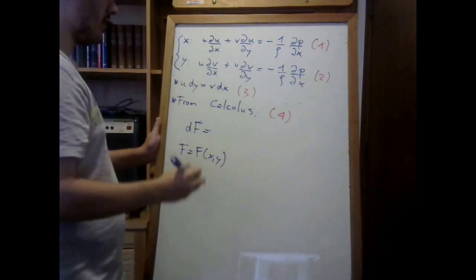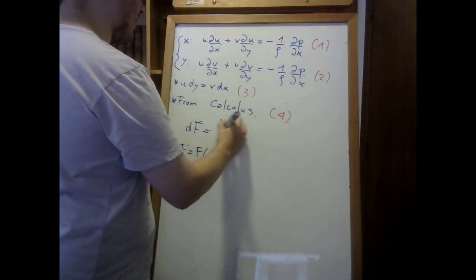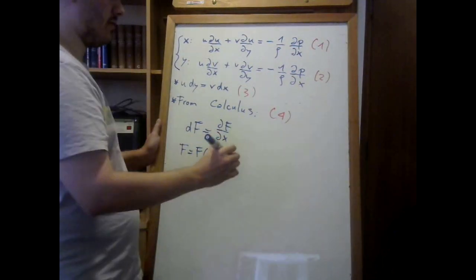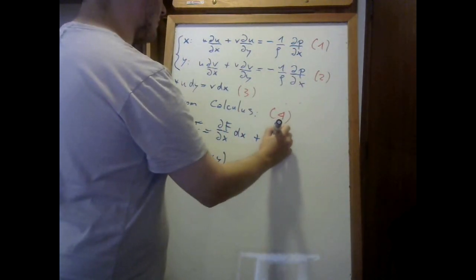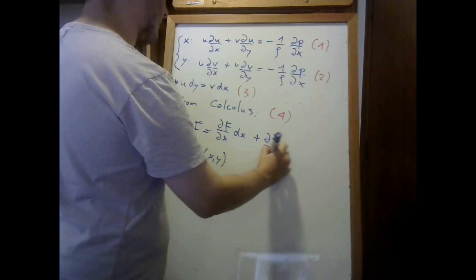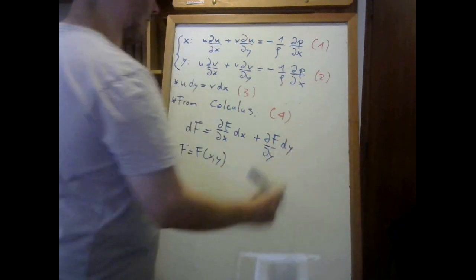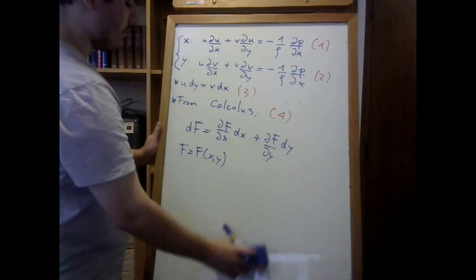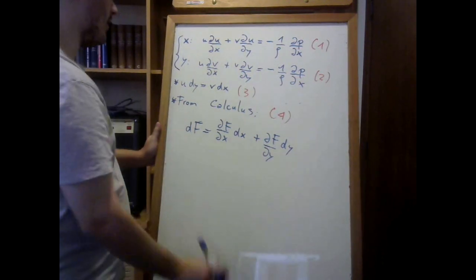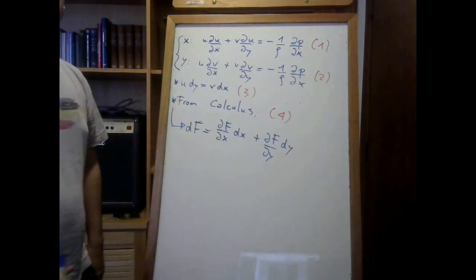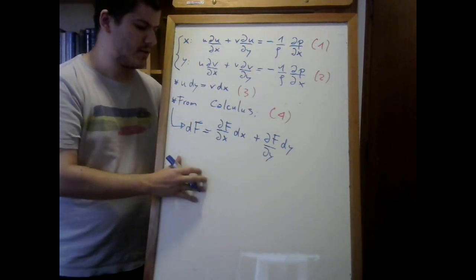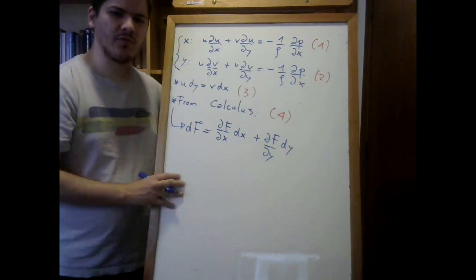So this differential here would be equal to the partial derivative of f with respect to x, dx, plus the partial derivative of f with respect to y, dy, okay? So we're gonna need this relation here to derive the remaining part of the other equation.